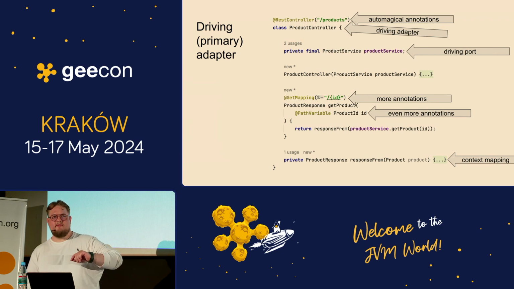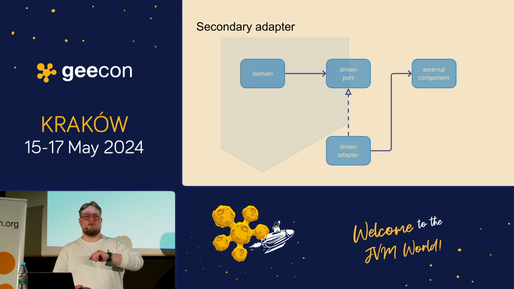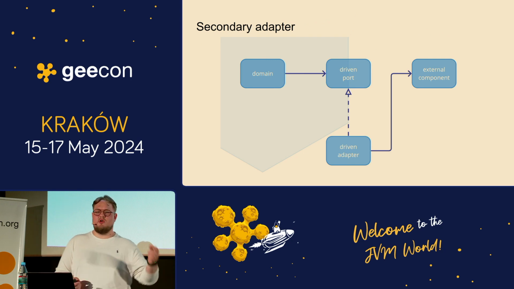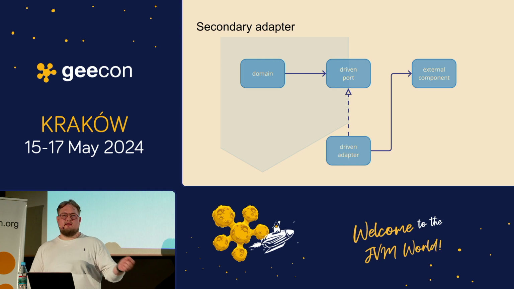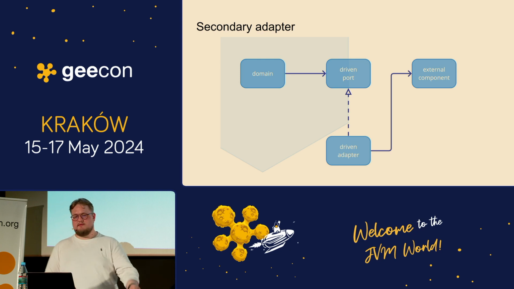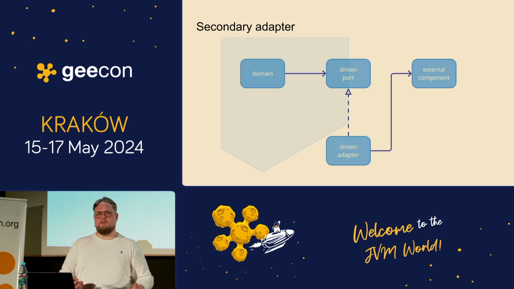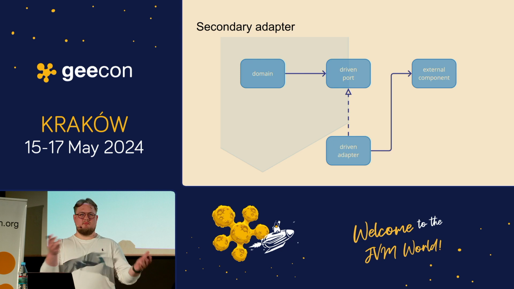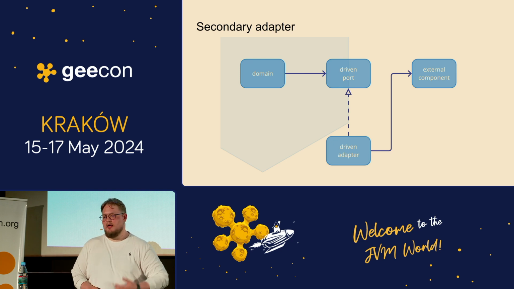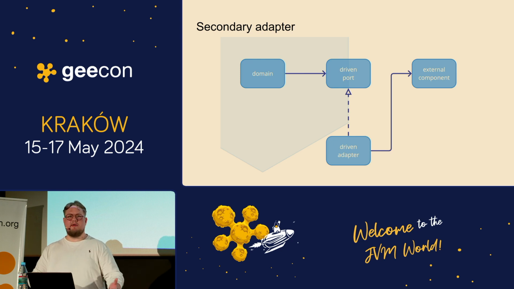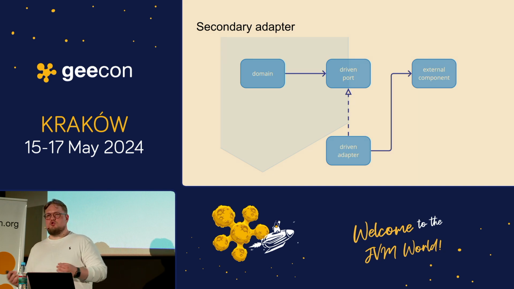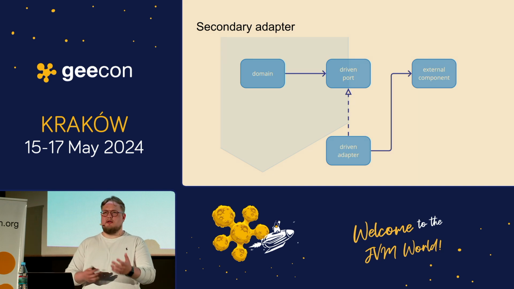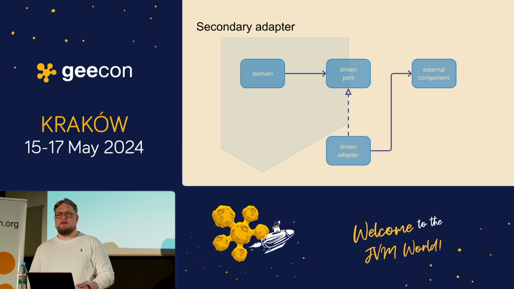Okay, so we have primary adapters, and we have secondary adapters, the driven adapters on the other side of our hexagon. In this case, it's our domain that needs something from the outside world, and again, it exposes some interface, some use cases. Repository is a great example here, and we have the driven adapter that implements these use cases by consuming an external component, which can be a concrete class or an interface.